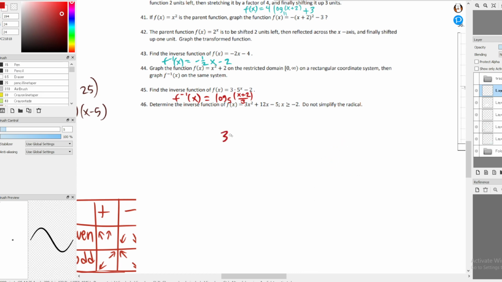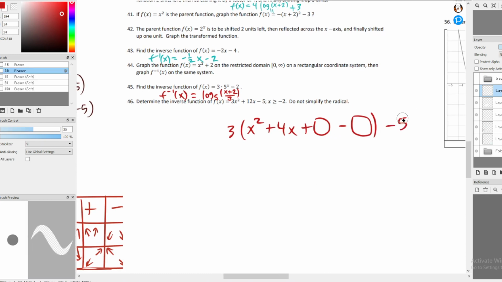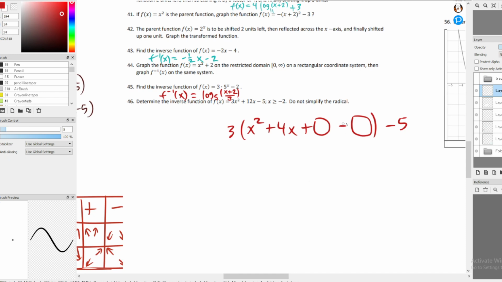So I'm actually going to complete the square first before I do the inverse, just because it's going to be a little bit nicer in my head first. So I'm taking a 3 out. X squared plus 4x minus 5. I like doing it my way. I think it's fun. They're like little glasses for little nerds.